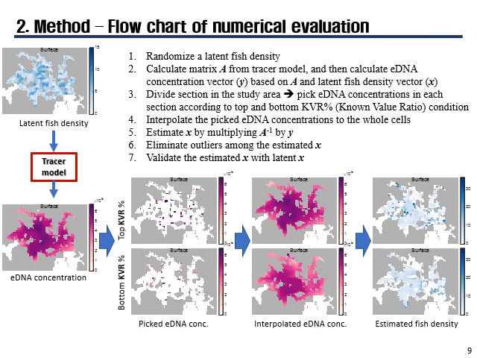Then we interpolated the picked eDNA concentration to the whole cells and estimated the fish density vector x by multiplying A inverse by y, then eliminated outliers among the estimated x vectors and validated the estimated vector x against the latent x.